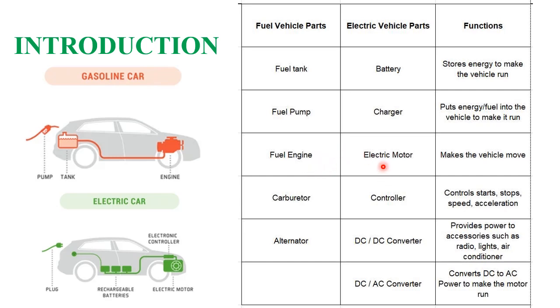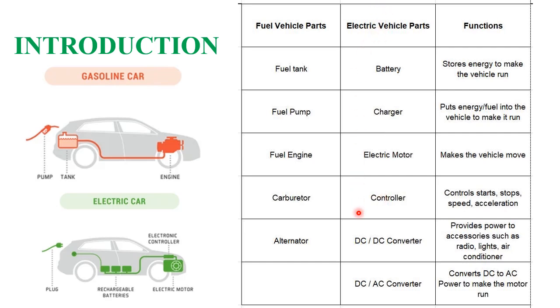The next one, in order to control start, stop, speed and acceleration, you need a carburetor in conventional vehicle, and you need a controller in case of electric vehicle.